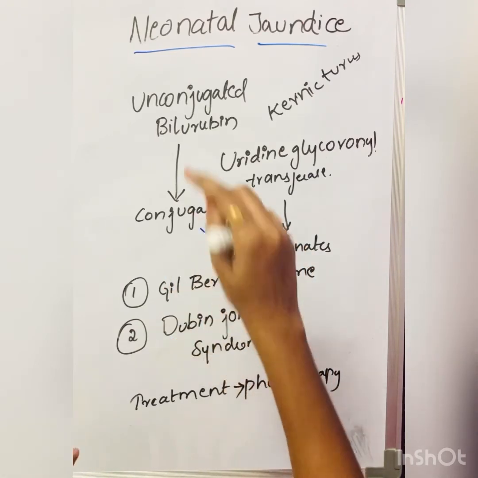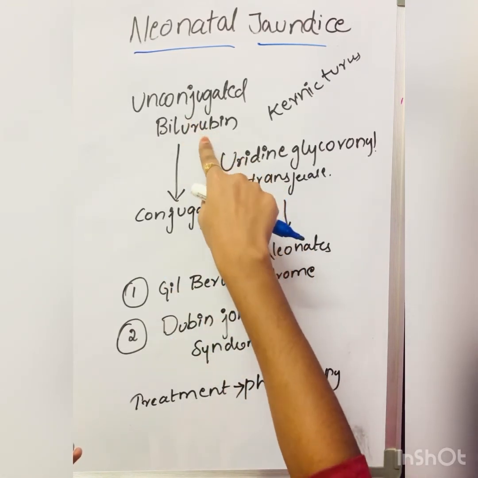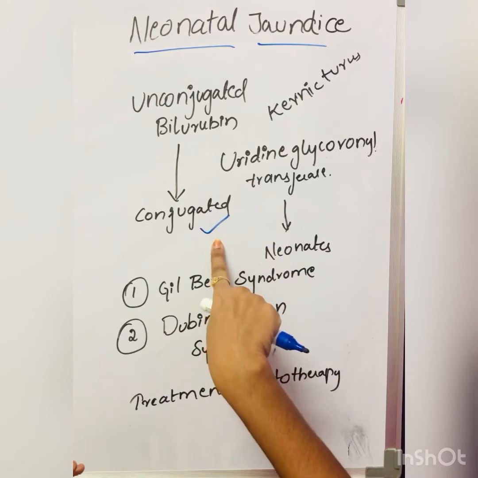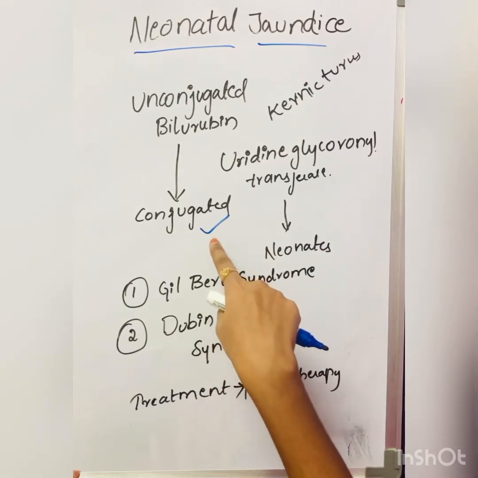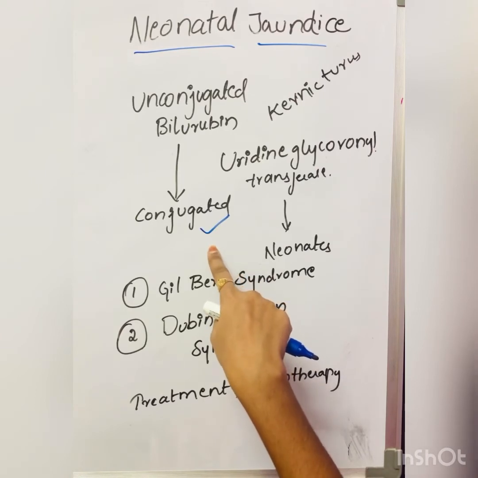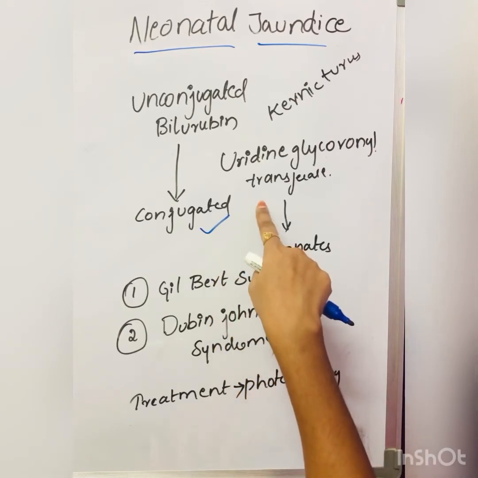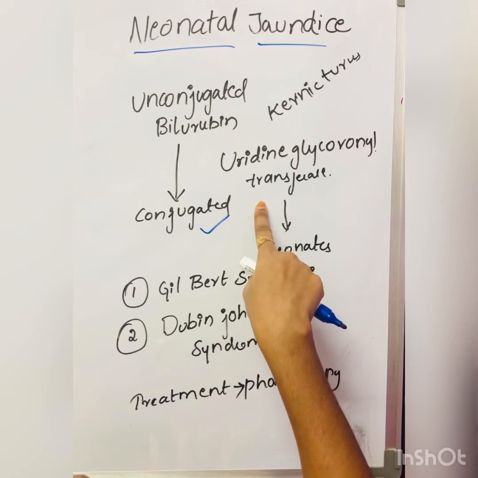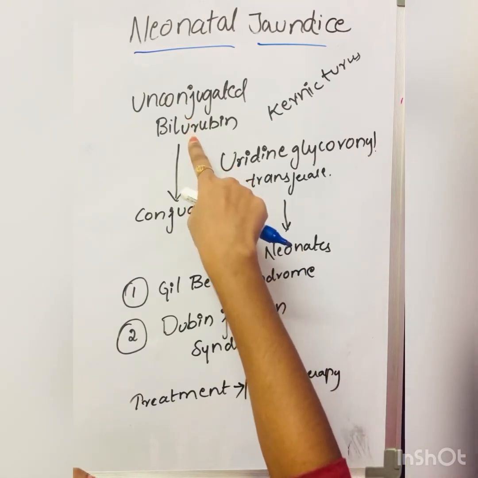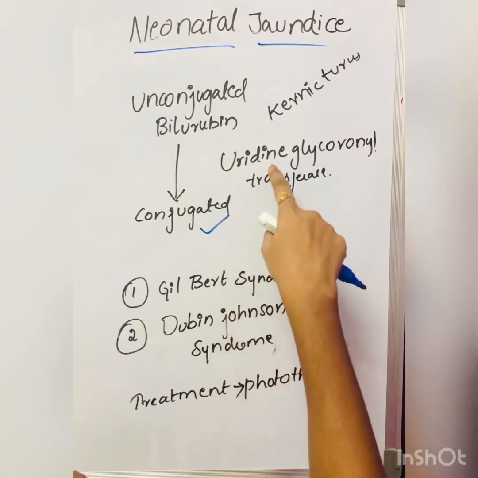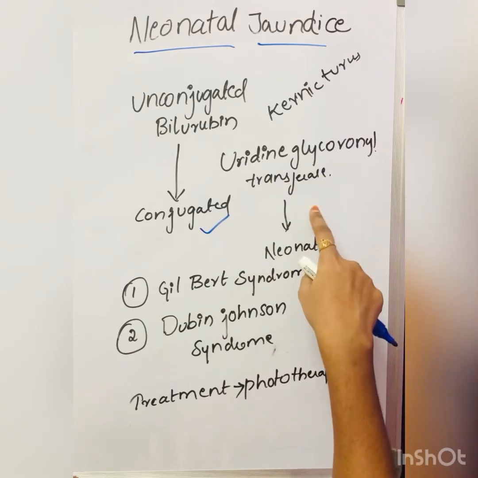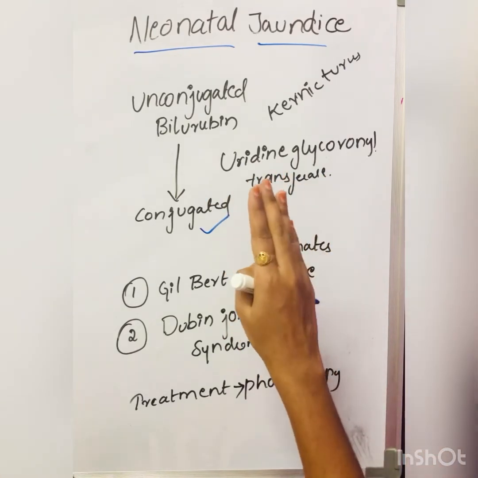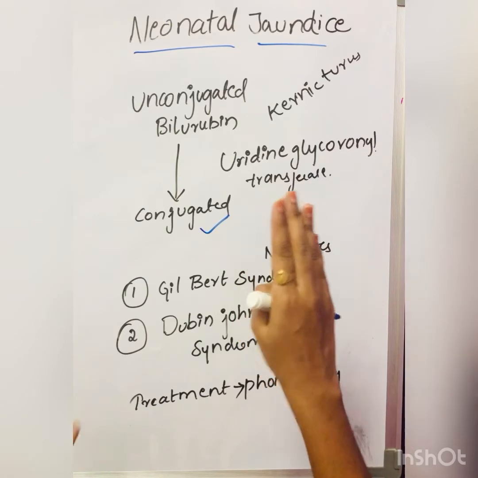For that reason, it is essential that unconjugated bilirubin be converted into conjugated bilirubin. But in neonates, in the newborn, the enzyme that helps in the conversion of unconjugated to conjugated, uridine glucuronyl transferase, is absent. For that reason, we can see jaundice in the neonates.